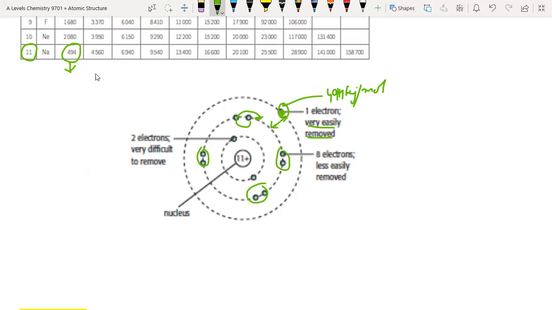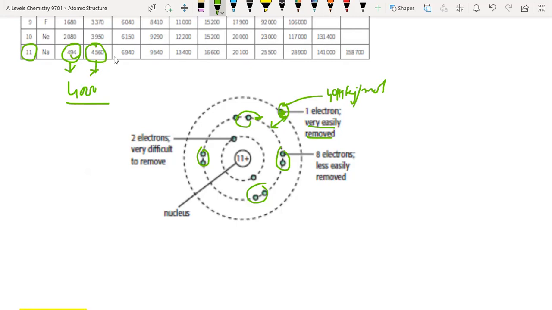Let us check. This is 494 and this is 4560. This is almost a 4000 difference.